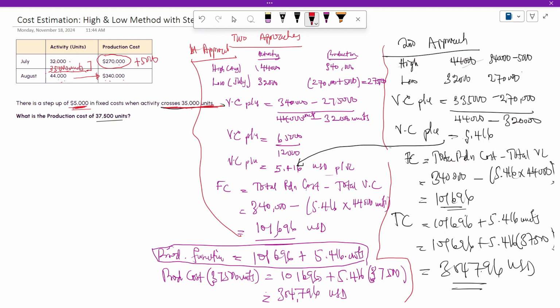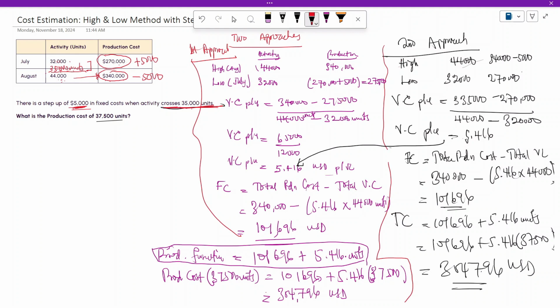If it did not increase beyond 35,000, then there is a cost of 5,000 in the 340,000, and so we need to take out that cost of 5,000 so that we can get an accurate associated production cost from 35,000 downwards to 32,000.